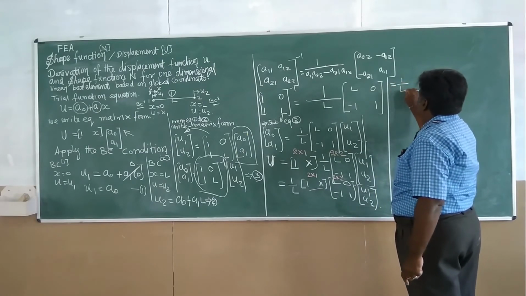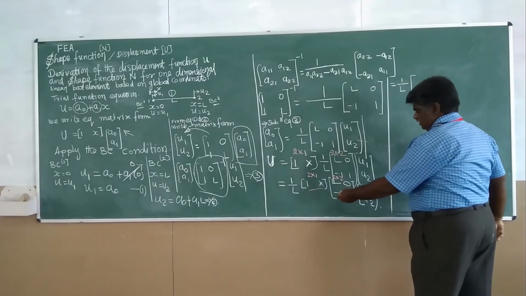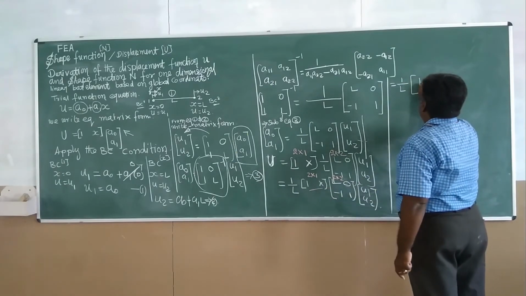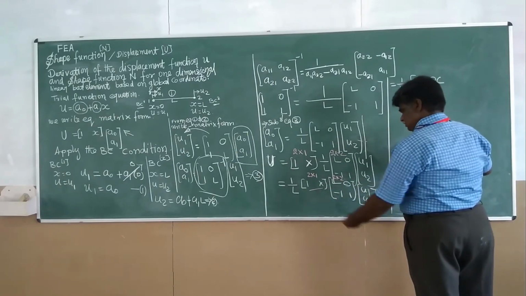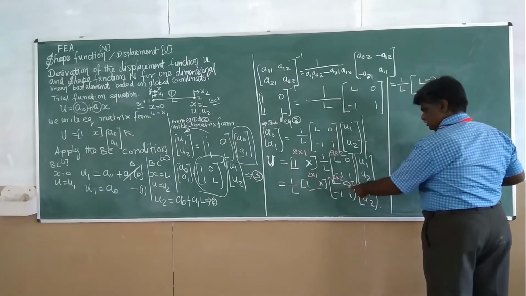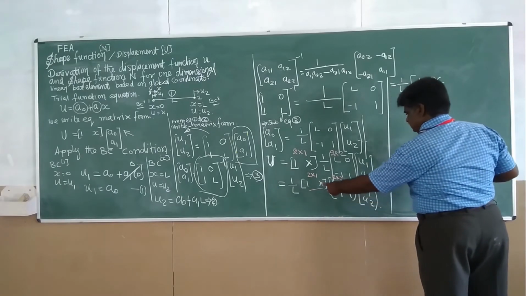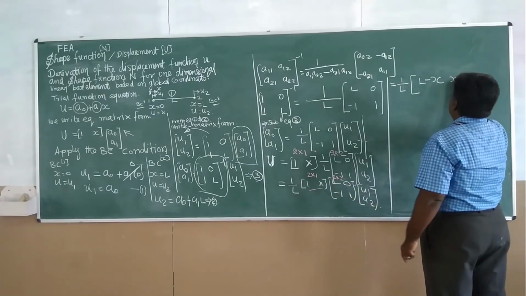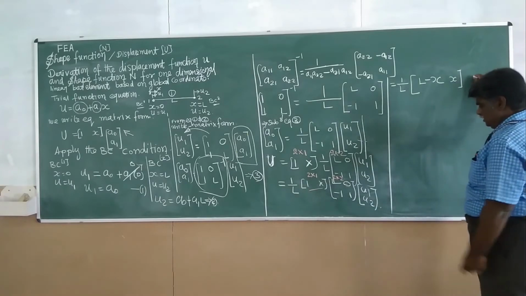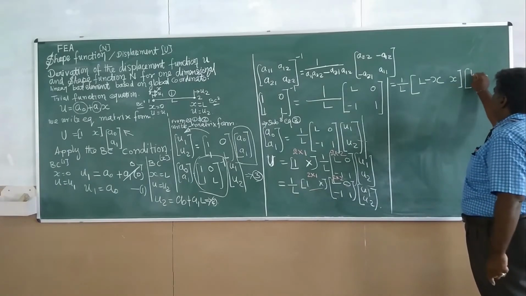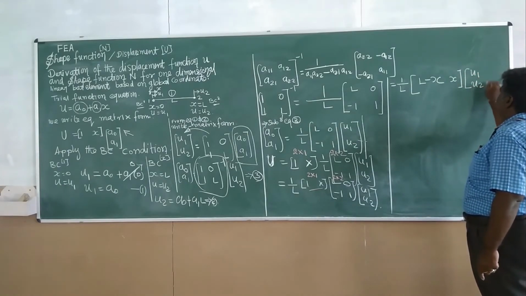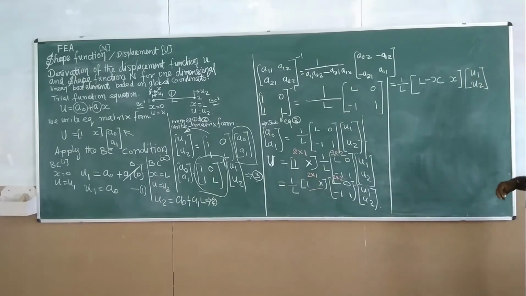1 divided by L, matrix multiplication. So L minus x, then 1 into 0 will come, then x into 1, x, then the displacement vector u1 u2 will appear.